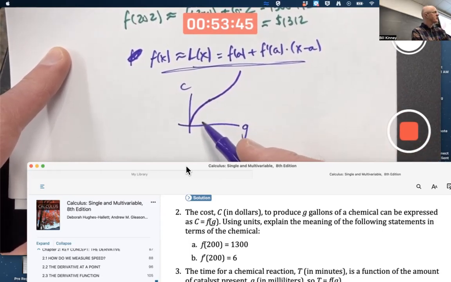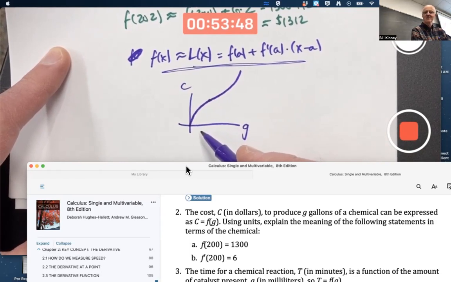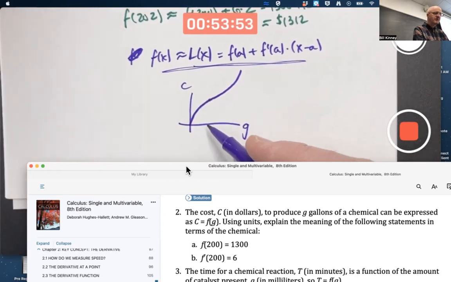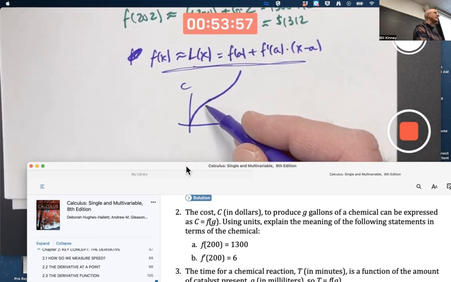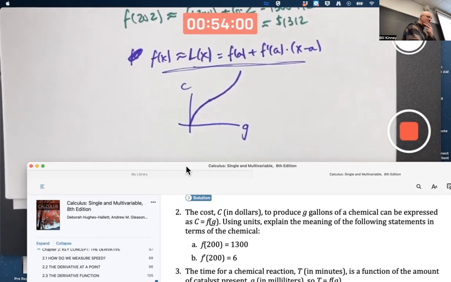When you're producing gallons of this chemical in your factory, it doesn't cost much more to make the next gallon when your factory has lots of capacity. But as you make more and more gallons, maybe you reach the capacity of the factory, and if you try to make another gallon, it costs a lot more. Maybe because you have to make a whole new factory. Okay, that's a little extreme. But if you've got lots of factories over the entire world, as an averaged kind of thing, maybe that's accurate.